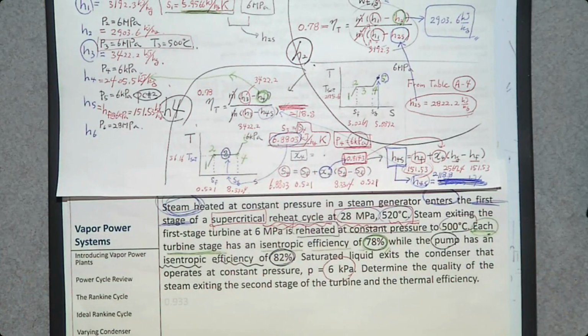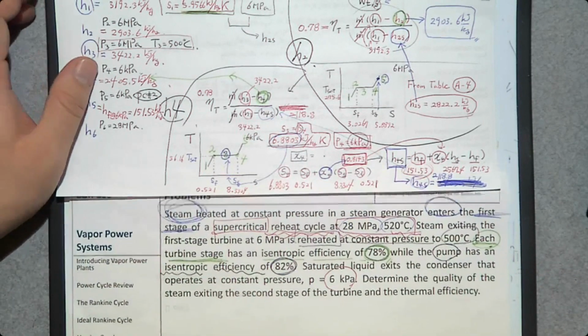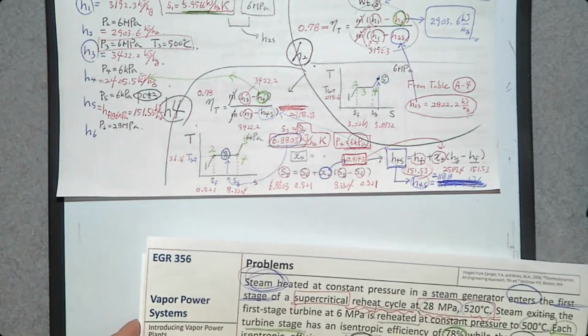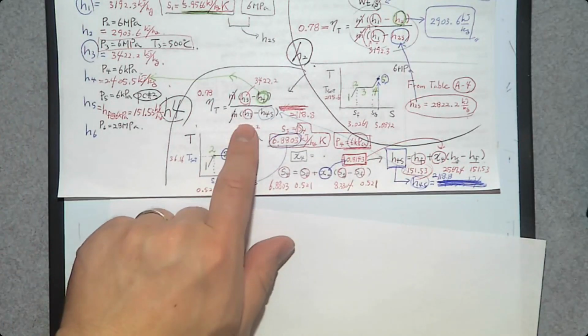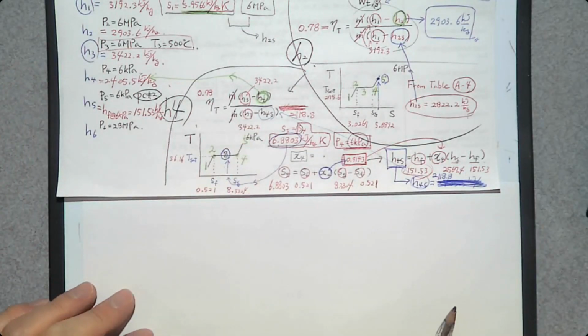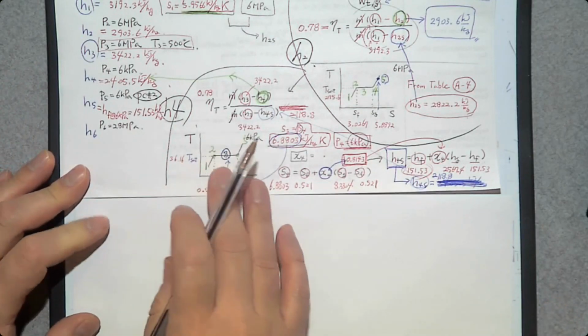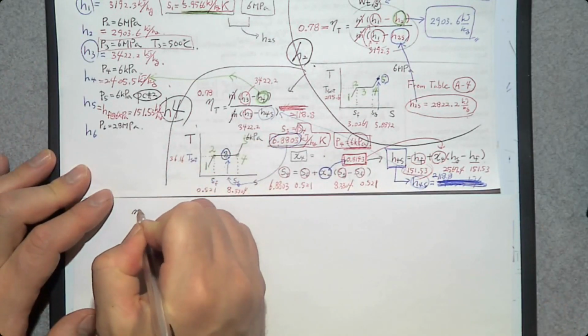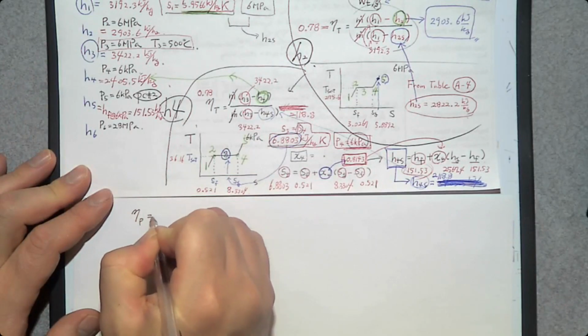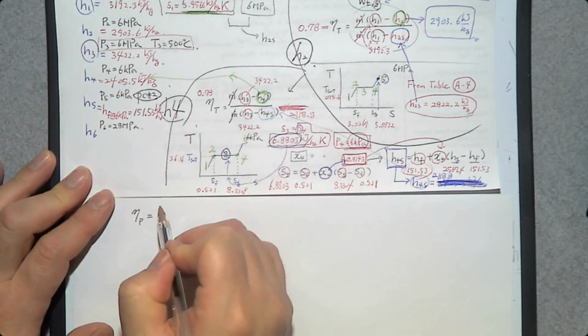So unfortunately, we have to do this again. Let's find the equation for isentropic pump efficiency. It's going to look similar to the isentropic turbine efficiency. Isentropic pump efficiency can also be determined by the pumping power.